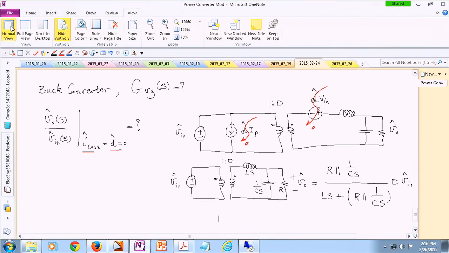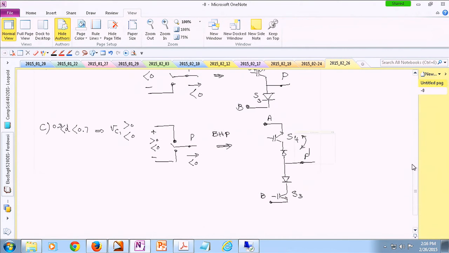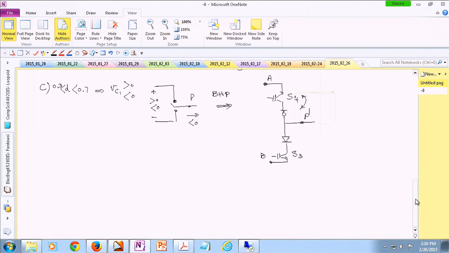Now let me go back and go to the new sheet. So now we are going to continue on this. Technically, we are still talking about the buck topology.